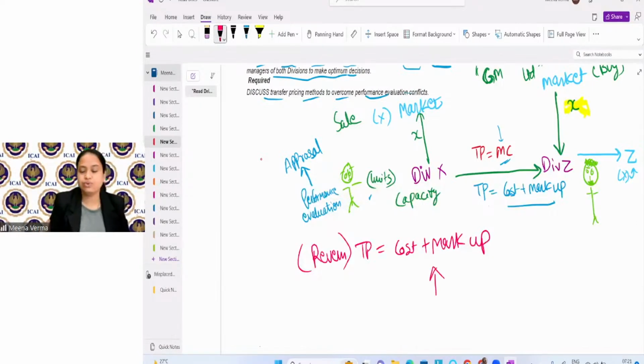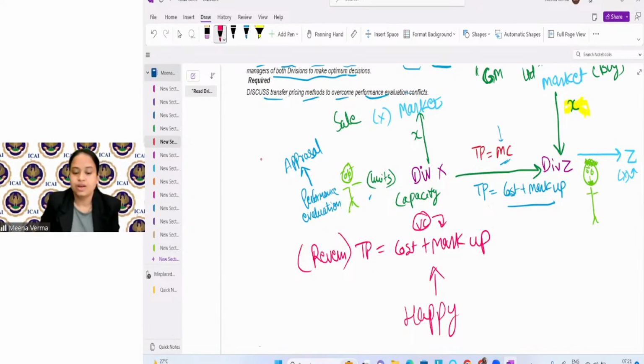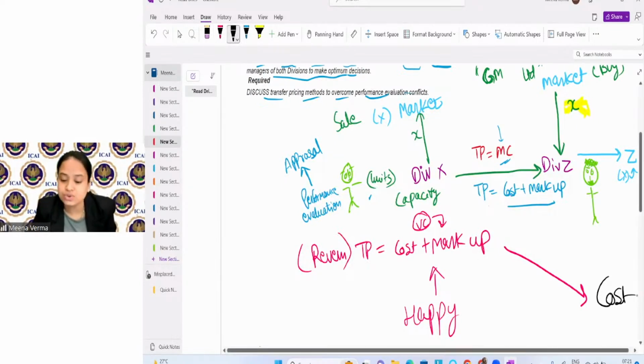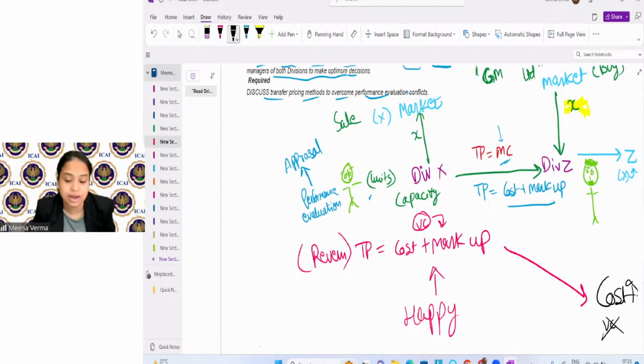Obviously revenue increases because instead of variable cost, you are considering this. So revenue increases, and the manager of this department will be very happy with this. But for the manager of the other division, it will be a cost. His cost will increase from variable cost to this. He will not be happy.